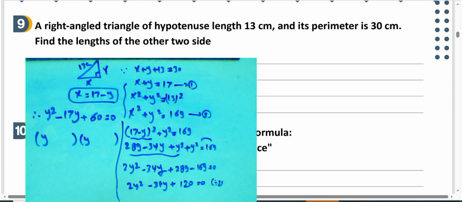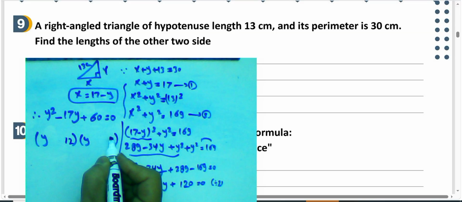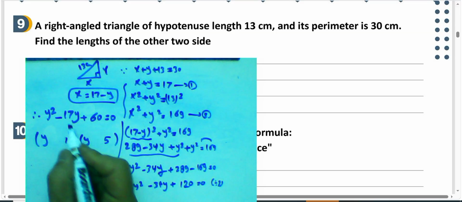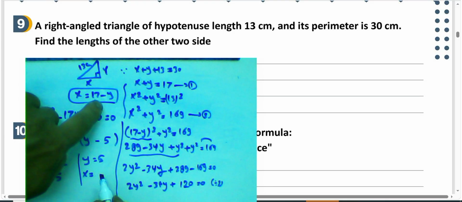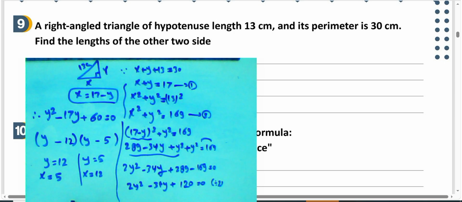Write 12 times 5 equals 60. 12 times 5 is 60, and the summation between them is 17, right here negative. Then the value of y will be 12 and the value of y will be 5. If y equals 12, you can find the value of x. Then x equals 17 minus 12 is 5, and 17 minus 5 is 12.